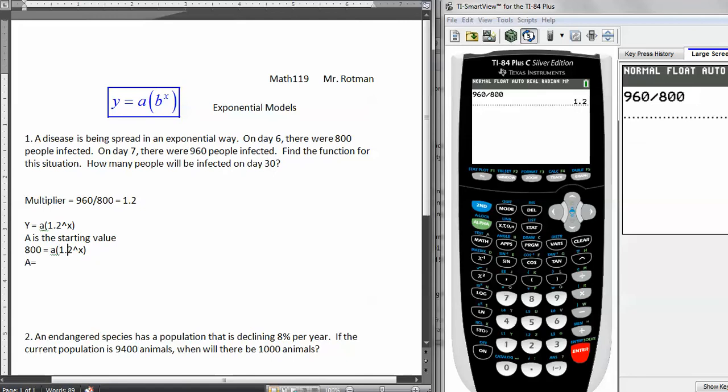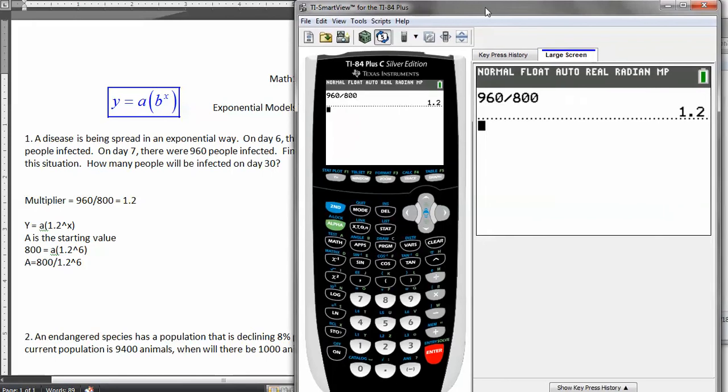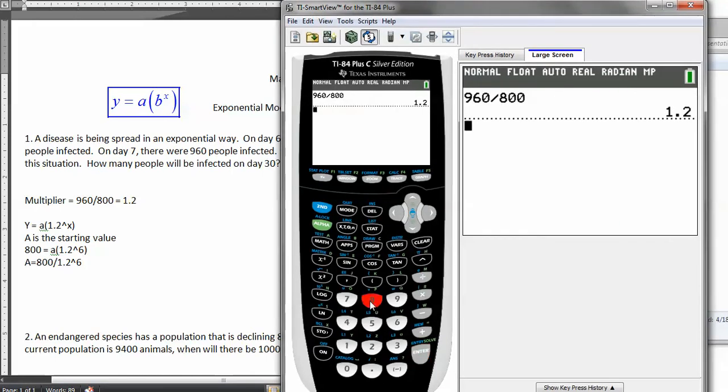Excuse me, I didn't type in the 6 there. There's 6. So divide 800 by 1.2 to the 6th power. So let's pull the calculator over and we'll do that. 800 divided by 1.2 to the 6th power. Didn't get the power key there.